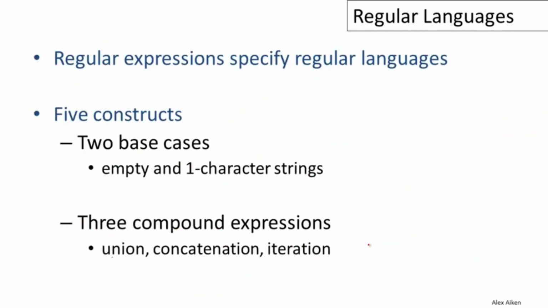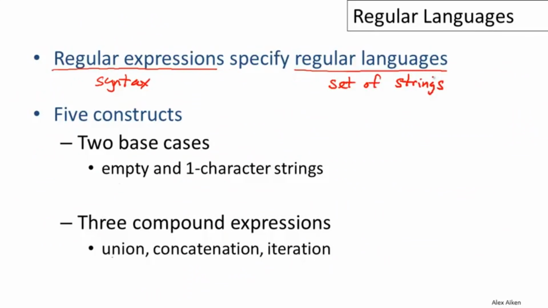Well, we've come to the end of this video, and to summarize, we looked at regular expressions, which are used to define regular languages. And the regular expressions are syntax, that's the expression that we write down, and it denotes a set of strings, which is the regular language, and that's the meaning of the regular expression.